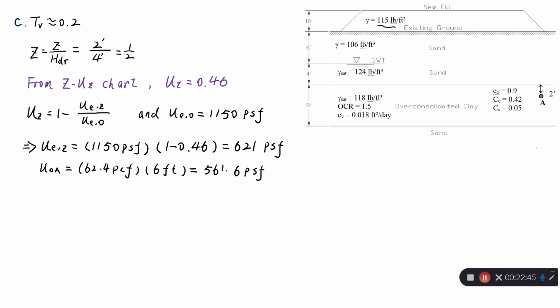And then the total pressure at A is gonna be the initial pore water pressure plus the excess pore water pressure, which is 1182.6.